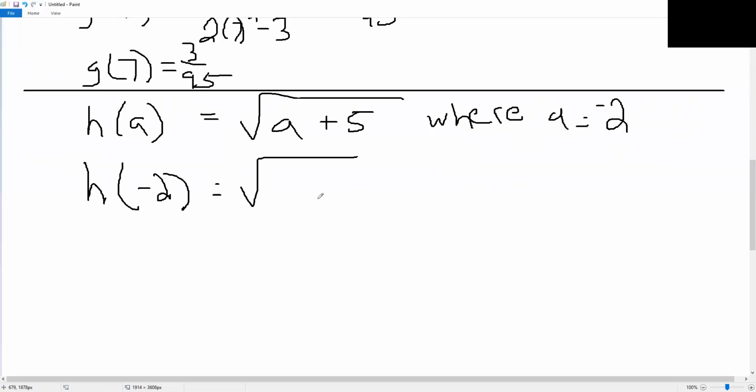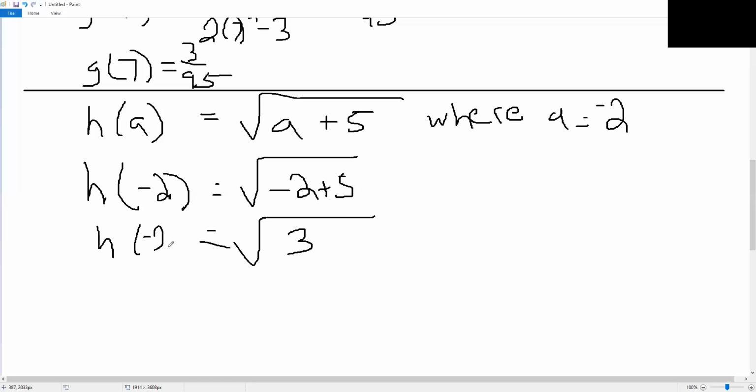And then we would say that the square root of -2 plus 5, which is what, 3? The square root of 3. So it would be represented as h of -2 equals the square root of 3.